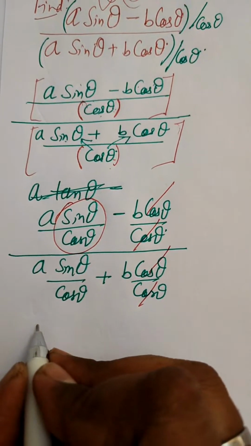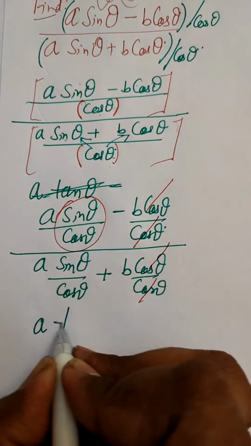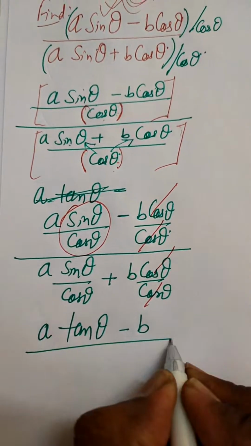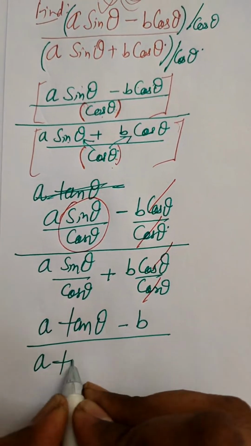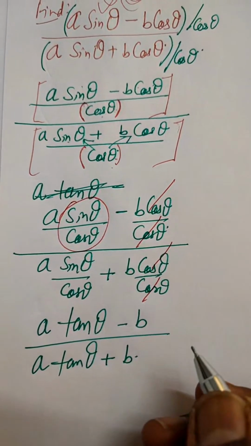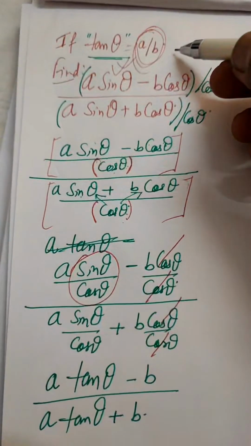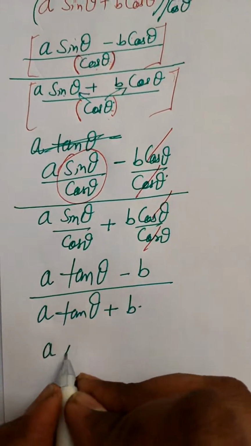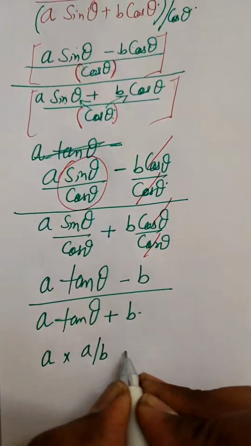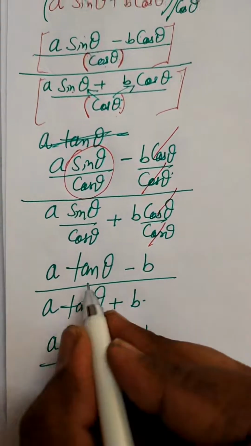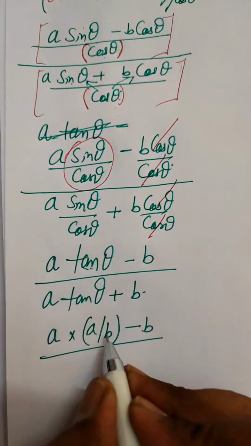Now put up the value, a times tan theta minus b divided by a times tan theta plus b, right? Now use this value of a by b, then we can write a into a by b minus b divided by, we have just put up the value of tan theta over here, right?